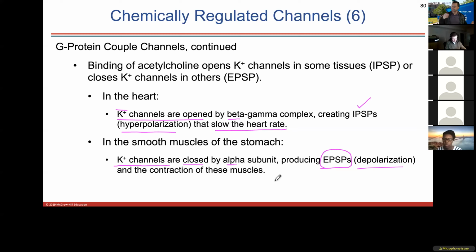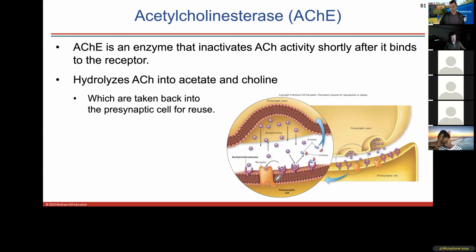Acetylcholine's everywhere. How do we get it out of that receptor? With acetylcholinesterase.